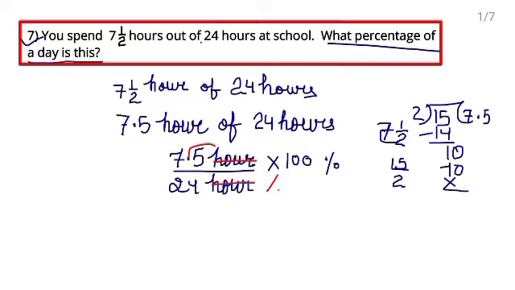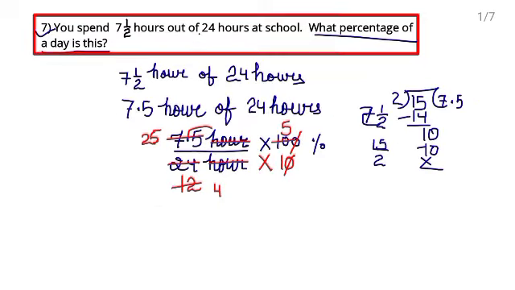Remove decimal, put 10 in denominator. 10 to 10 cancel out. 2 12s are 24, 2 5s are 10, 3 4s are 12, 3 2s are 6, 3 5s are 15. This is equal to 25 multiply 5 upon 4%. 25 multiply 5 is 125 upon 4%.